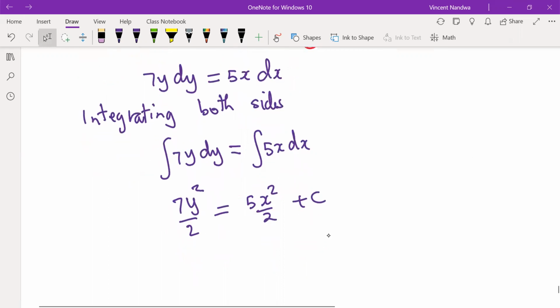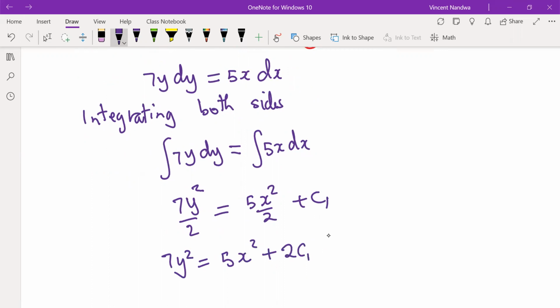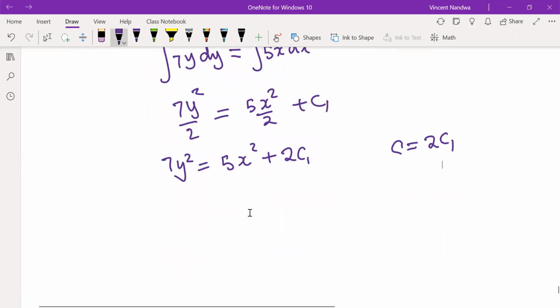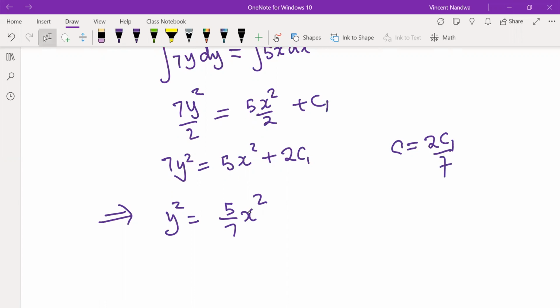Then multiplying through by 2, we get, let's say this is c1, 7y squared equals 5x squared plus 2c1. Then we can fix 2c1 to be c. So y squared will be 5 over 7 x squared plus c, let's say c is 2c1 over 7.